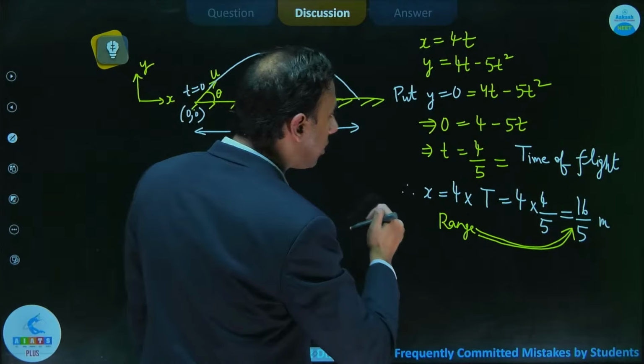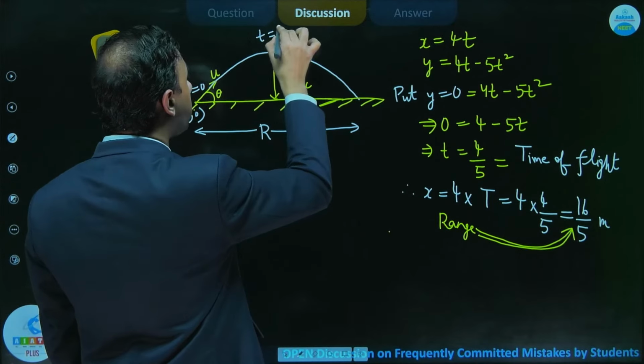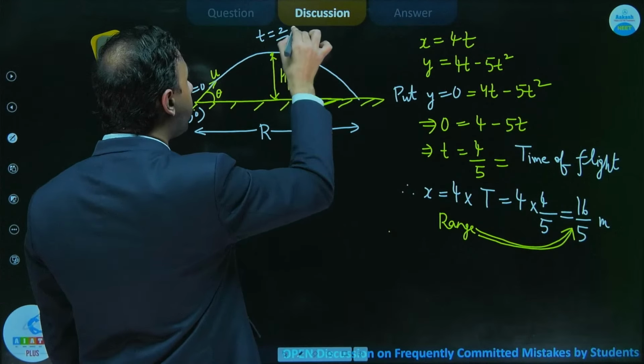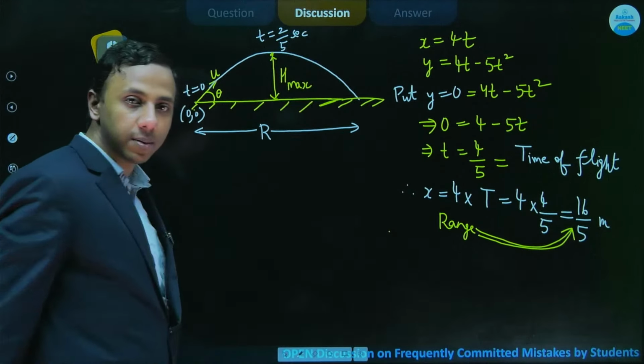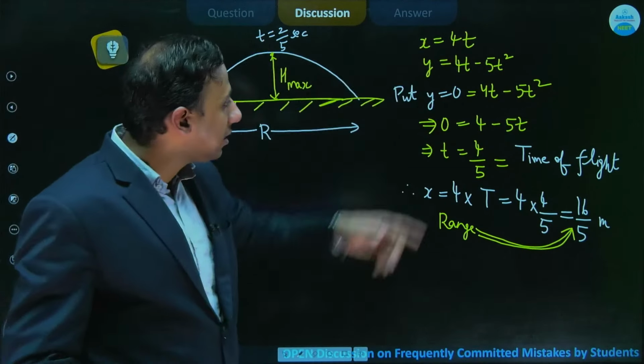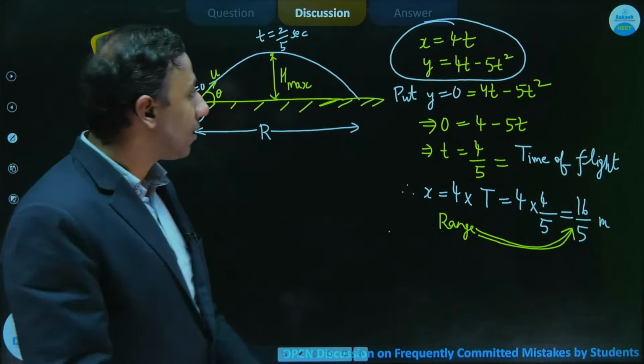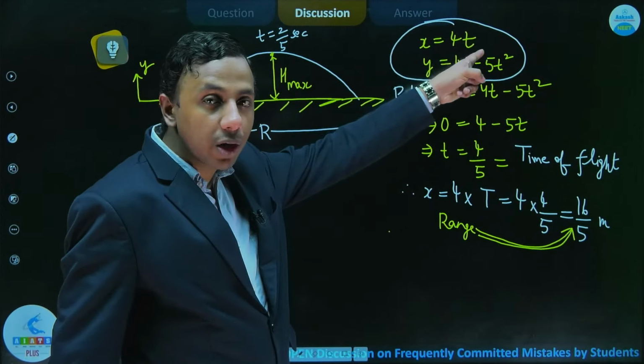If you want, we can write it down. Let me write down over here. T is equal to 2/5 seconds. Therefore, when you substitute t equal to 2/5 in these equations, in this x equation, what will you get?